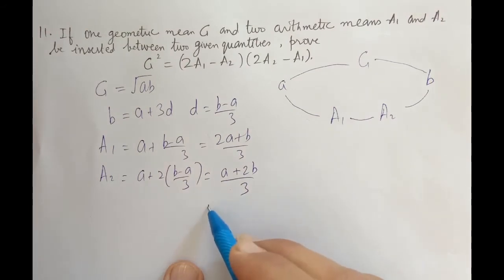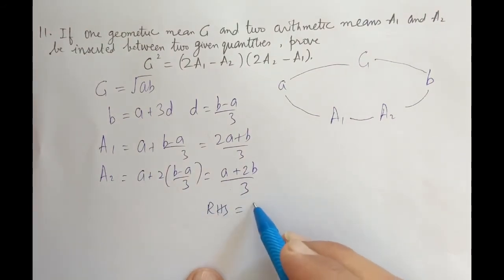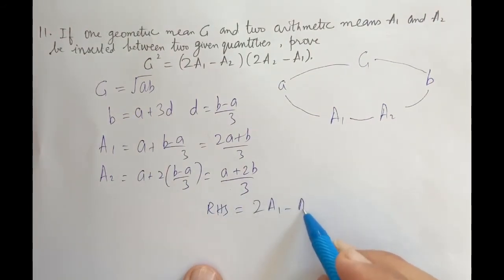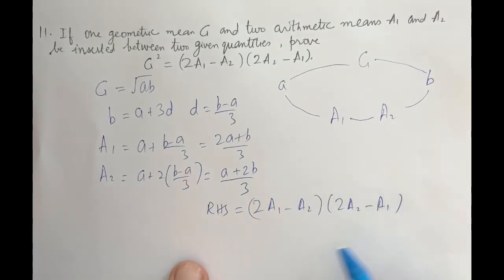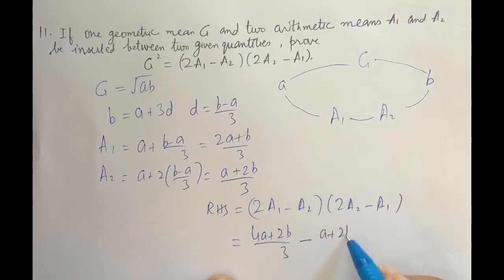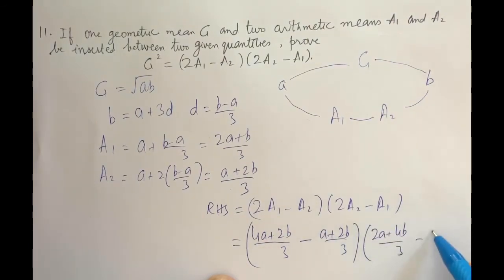We can now show this is equal to this. So we start from right hand side, which is 2a1 minus a2 into 2a2 minus a1. And what is 2a1? 2a1 is 4a plus 2b upon 3 minus a2, a plus 2b upon 3. 2a2, that's 2a plus 4b upon 3 minus a1, 2a plus b upon 3.